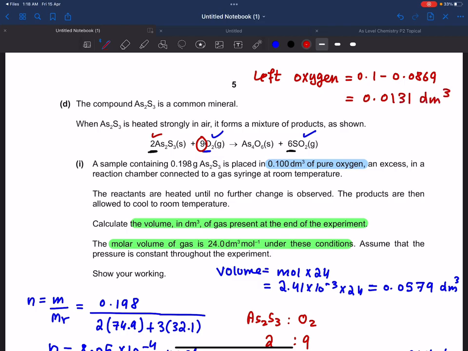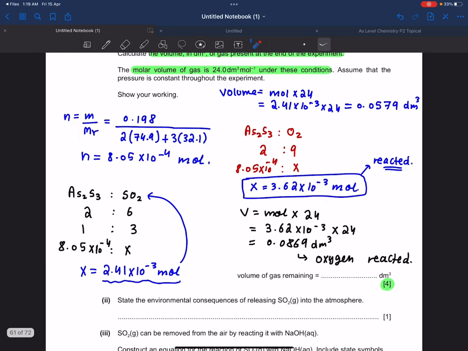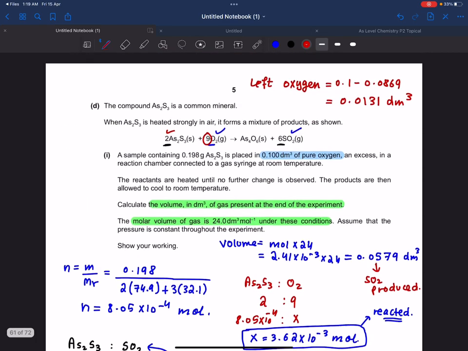What is the total volume of the gas present at the end of the reaction? This much oxygen is left over, and this much SO2 is produced. This is the volume of SO2 produced. You can add these two values together.